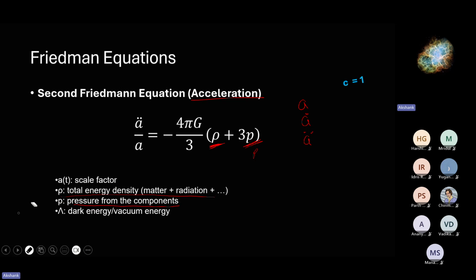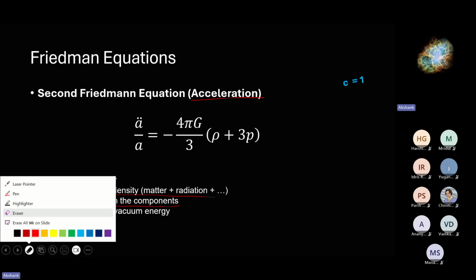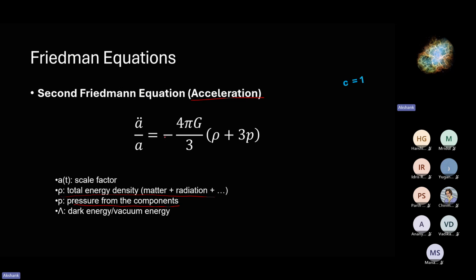Also, one important thing to note here is this minus sign, right? That would mean that a double dot is negative. What does a double dot being negative mean?